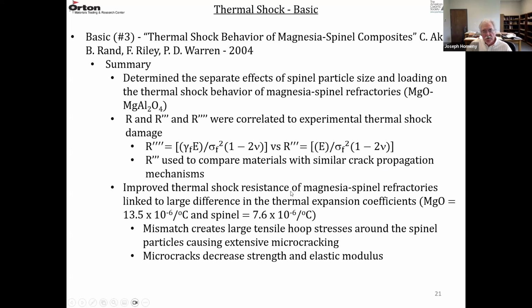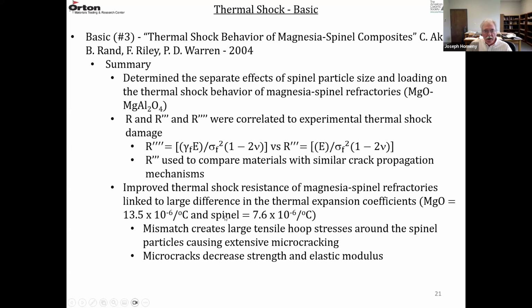So improved thermal shock resistance of magnesium spinel refractories is linked to the large difference in the thermal expansion coefficients. So I mentioned previously that MgO has one of the highest thermal expansion coefficients for refractories, 13.5 times 10 to the minus 6 per degree C. And spinel is about half that, 7.6 times 10 to the minus 6 per degree C. So it's much lower.